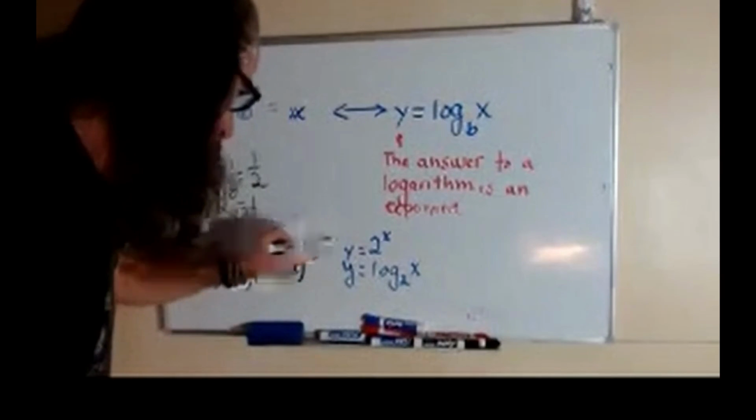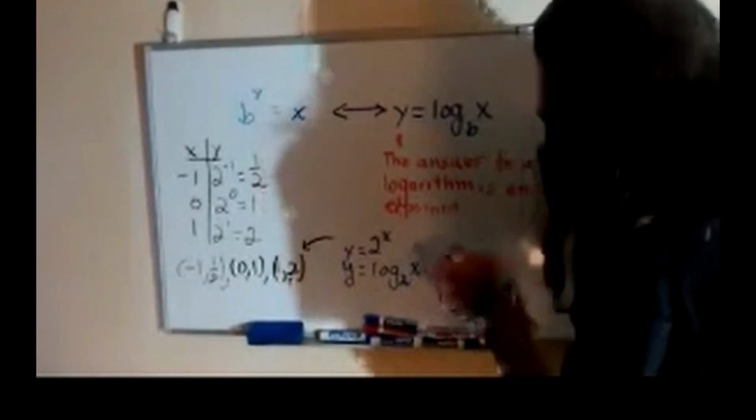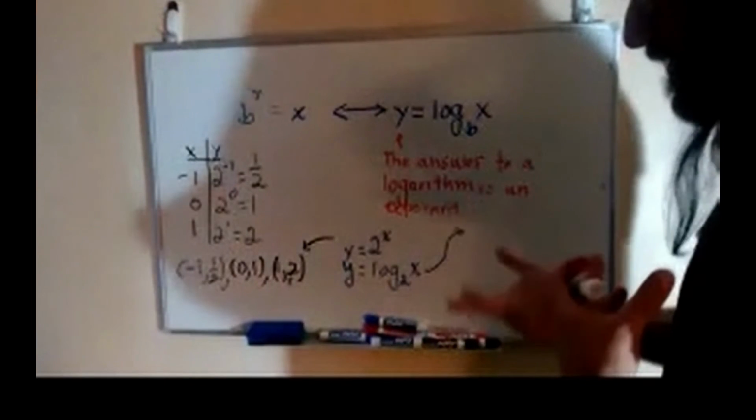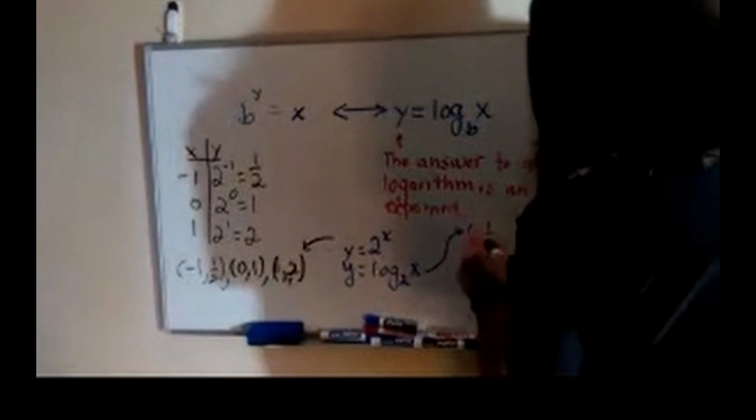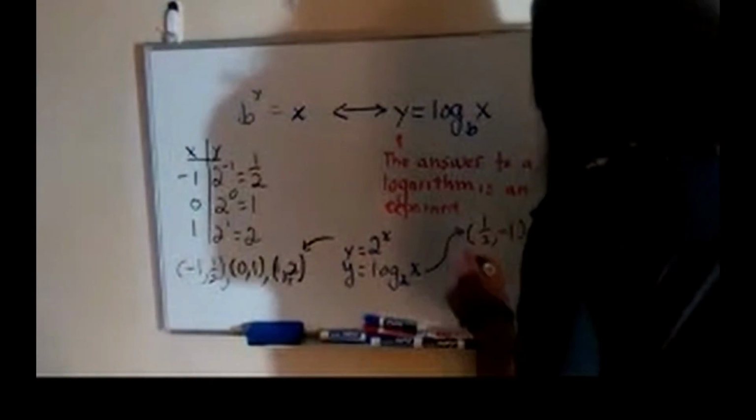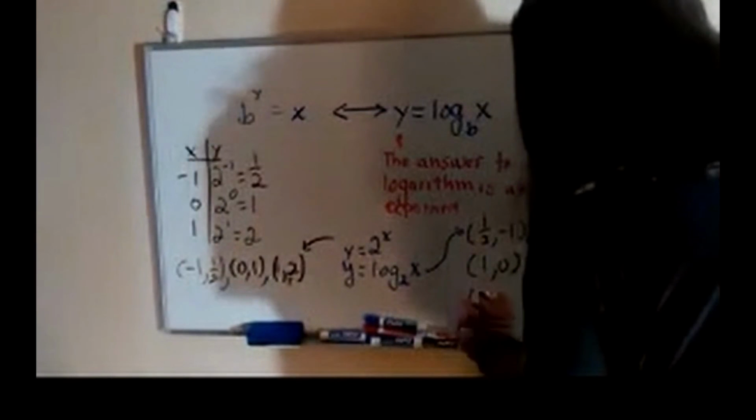Those would be points on the graph of the first one. So points on the graph of the second, because they're inverse functions, switch x and y. 1/2 comma negative 1, 1 comma 0, and 2 comma 1.